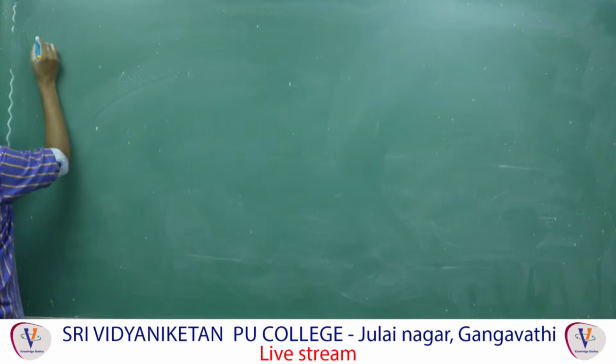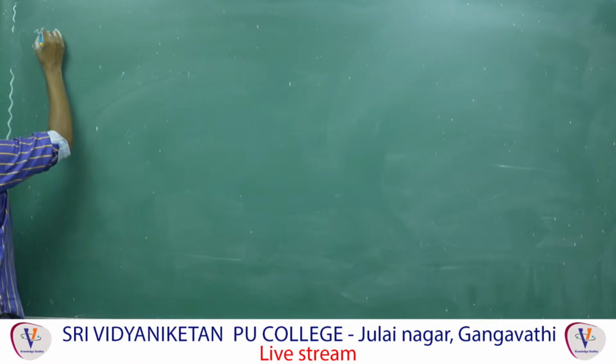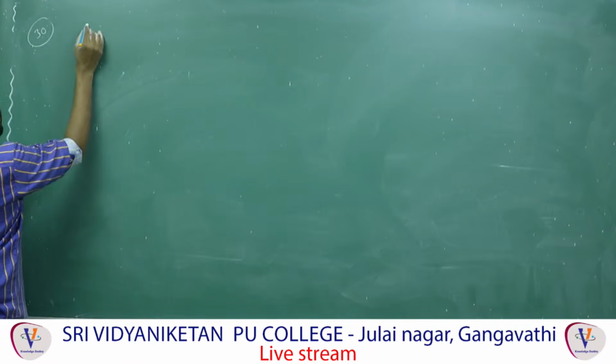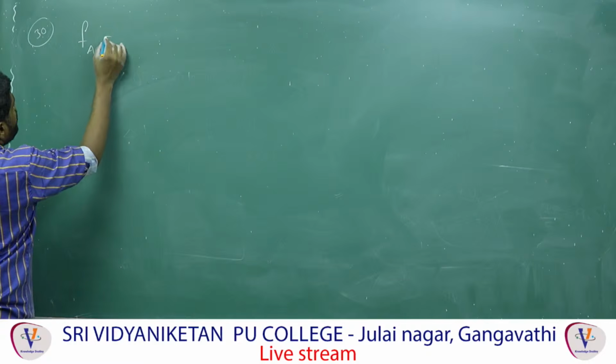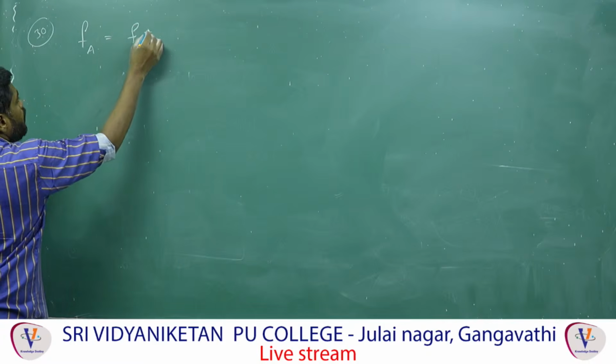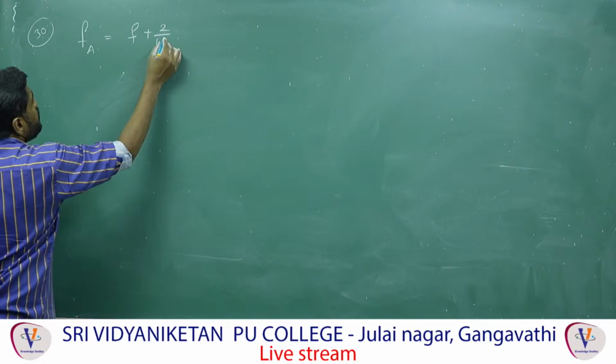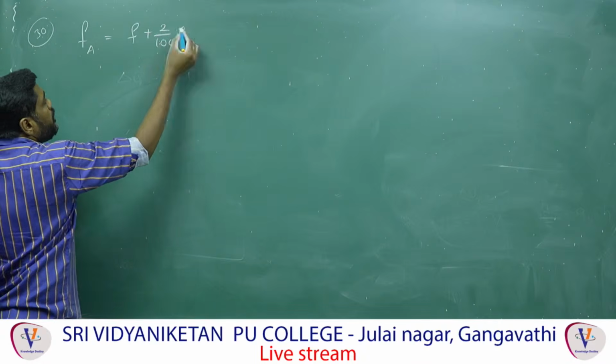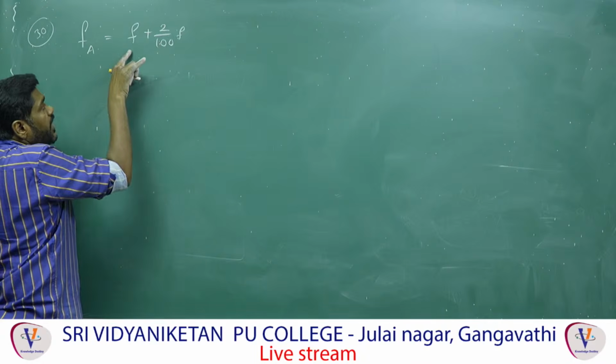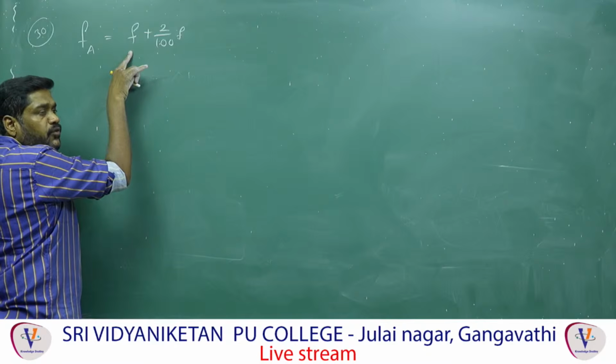So first of all, I will go for A. For A, the frequency of A is equal to F plus 2% extra, that is 2 by 100 into F. Here F is the standard tuning fork frequency.